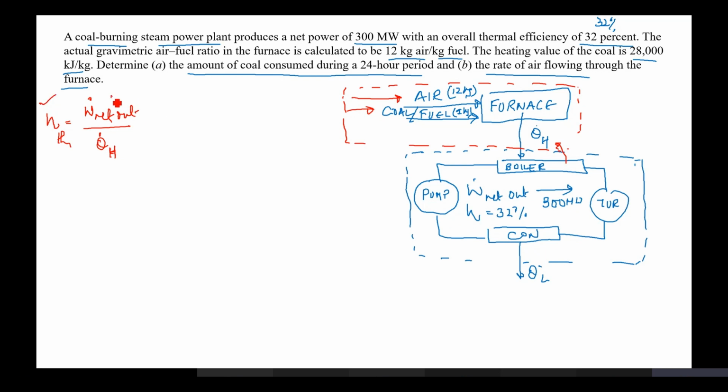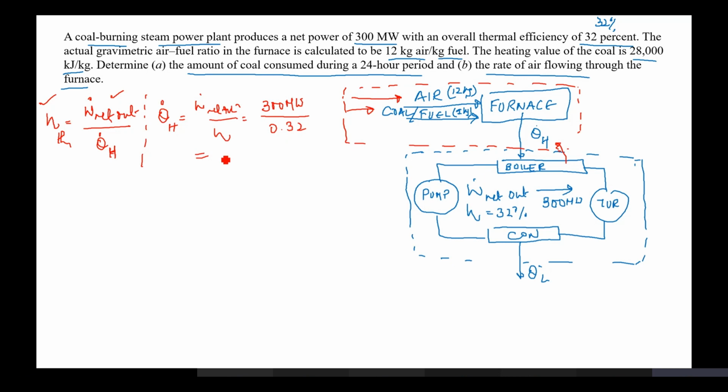The net work out is given to me. This would help us find Q dot H. So Q dot H is work dot net out divided by the efficiency, which is 300 megawatts divided by 0.32.